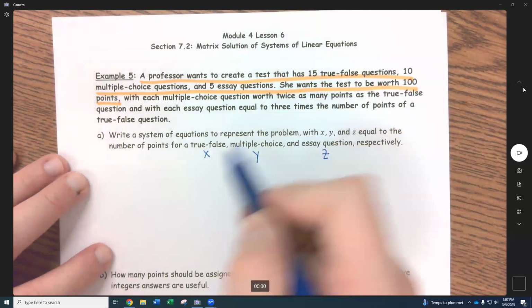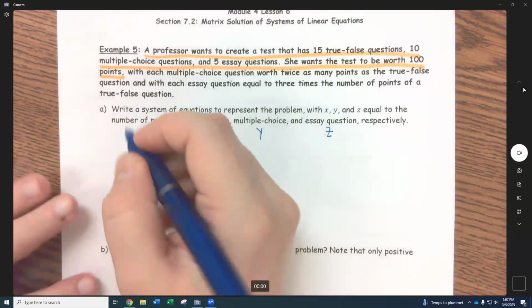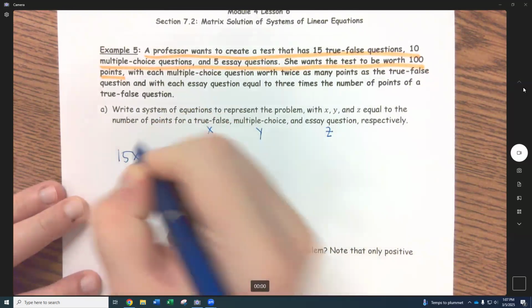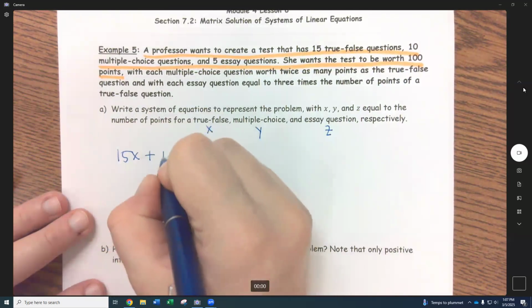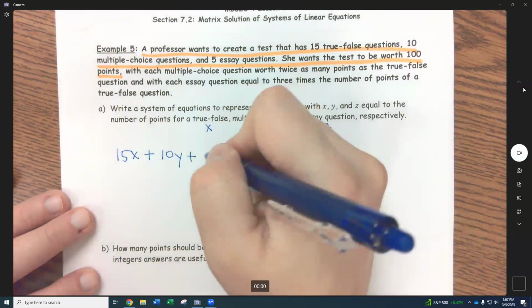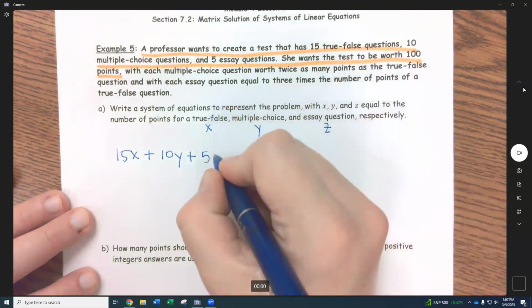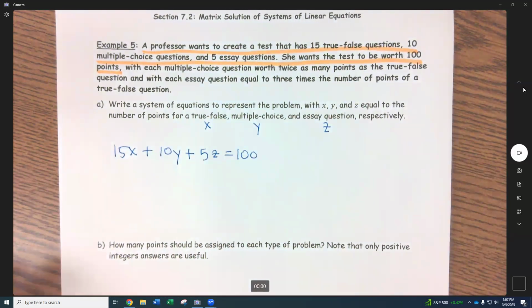So we have 15 true or false, which is x. We have 10 multiple choice, which is y, plus 5 essay questions, which is z. And this needs to equal 100.